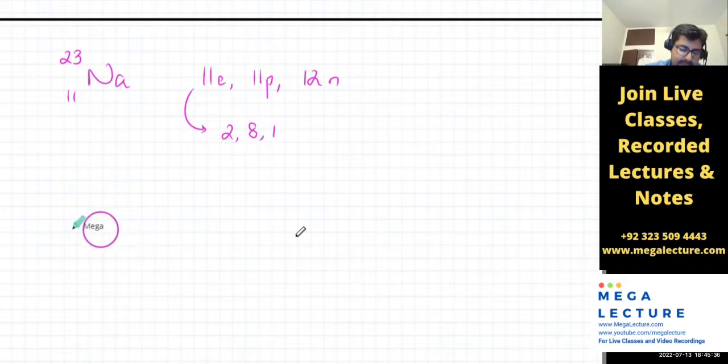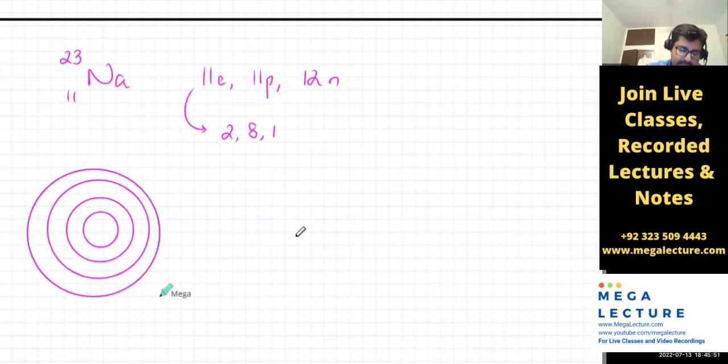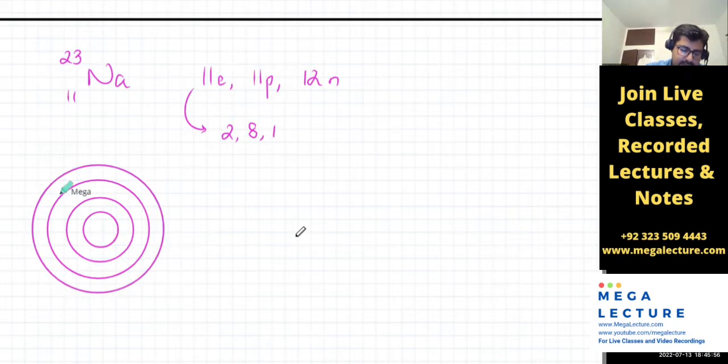It's going to have 3 shells. The protons and neutrons are over here in the center: 11 protons and 12 neutrons. For 2, 8, 1, that's 2 electrons.